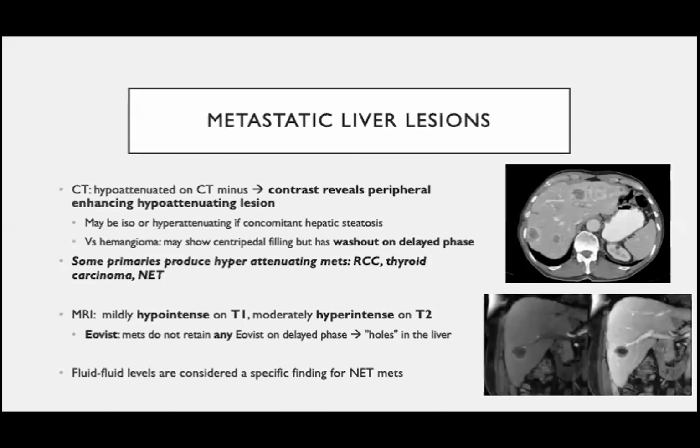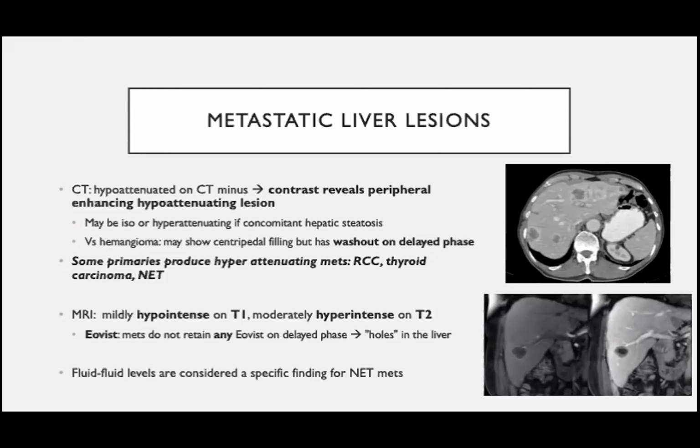On CT, they're hypoattenuated on CT without contrast, but contrast reveals peripheral enhancing hypoattenuated lesions. You can see there, peripheral enhancing hypoattenuated lesions, and they're all over the liver. That's pathognomonic for a MET. However, in the presence of hepatic steatosis, you may have iso or hyperattenuating lesions.